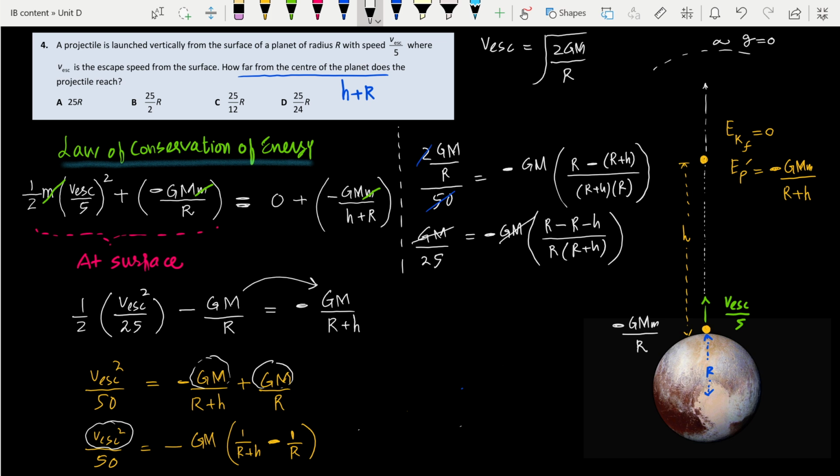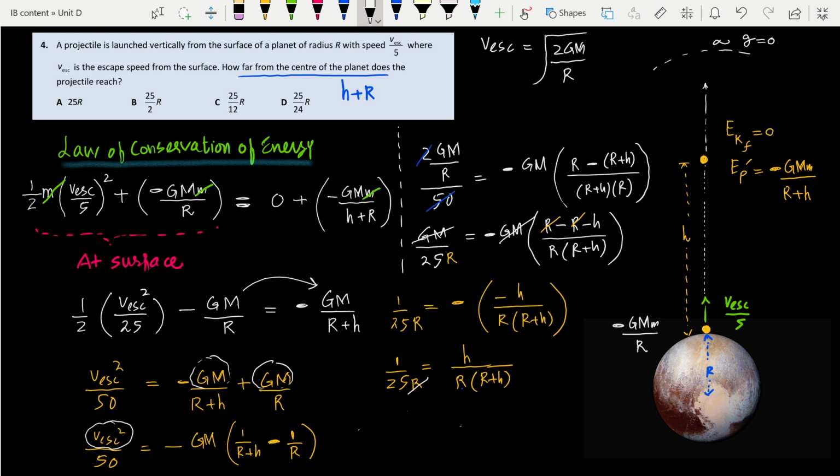So GM and GM cancel out, and we get 1 over 25 is equal to negative h over R into R plus h, and negative and negative become positive. We also have R here because we put the value of escape velocity, which cancels out with 1 R here.